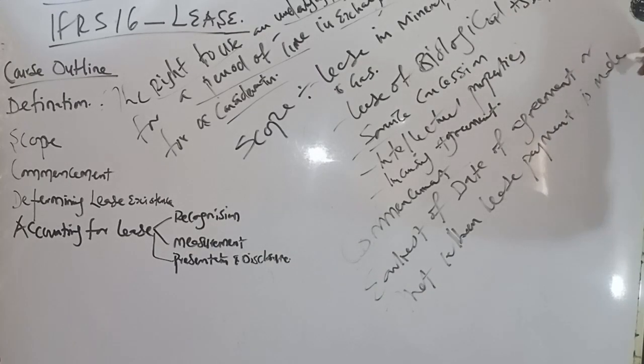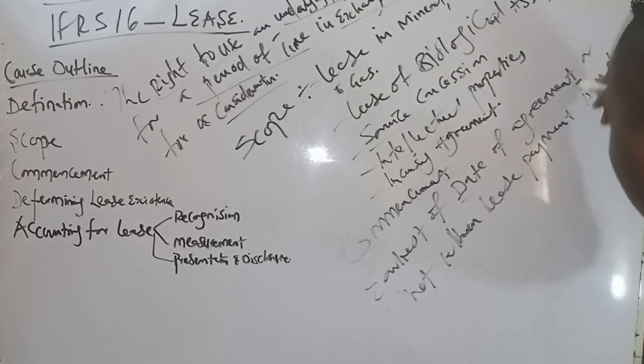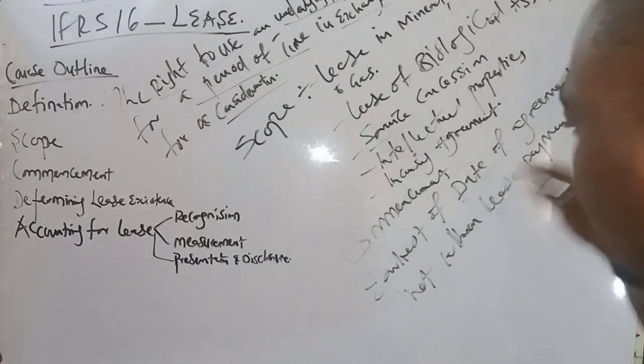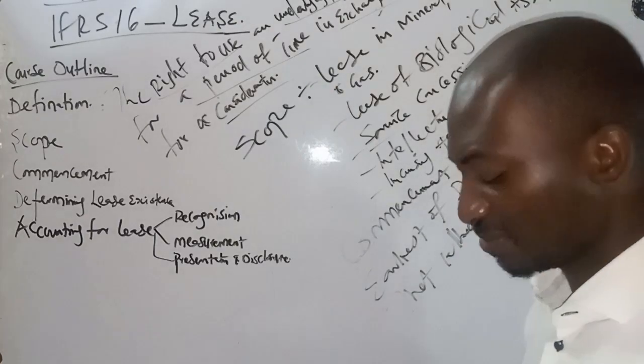That is to say, the earliest of when the agreement is made or when the lease payment is paid. You understand? So that is when you will say a lease agreement has begun.